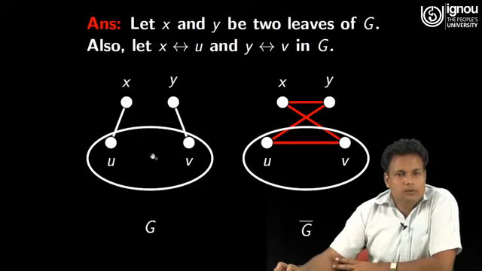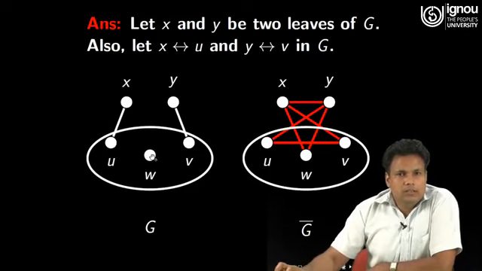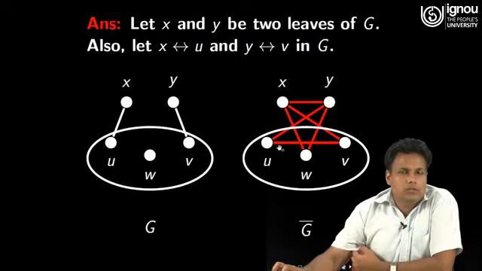So, suppose there is one more vertex, say W in G, then W is not adjacent to both x and y, and hence W would be adjacent to both x and y here. Similarly, you consider any vertex here. So, all the vertices in G bar except u and v have degree at least 2. So, the only 2 possible vertices for leaves are u and v, and that proves that G bar has at most 2 leaves.